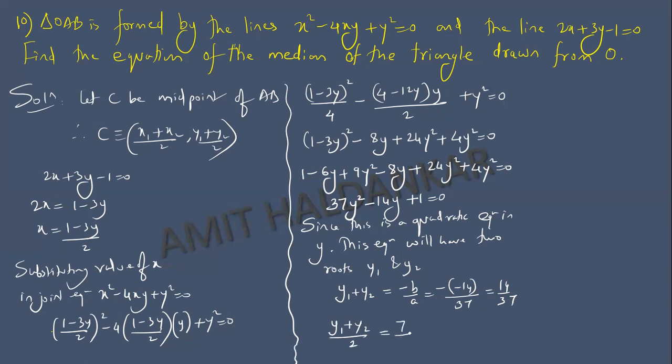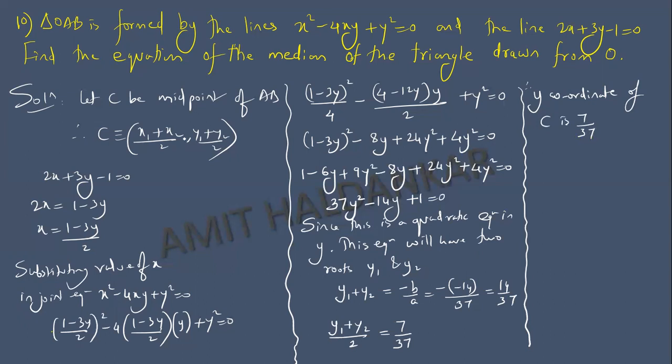So this is nothing but the y coordinate of C, therefore the y coordinate of C is 7 by 37.